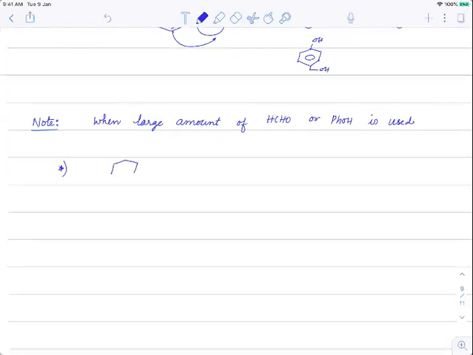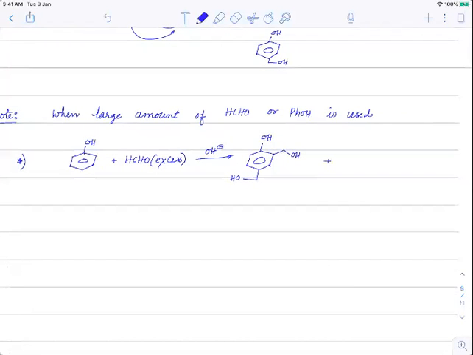Let us check. So if I take phenol and react that with HCHO, this time I'm taking HCHO in excess, and I'm sticking to basic catalysis. So on basic catalysis, the same thing will happen with acidic catalysis also. It's no different. So we'll have one OH here and one OH here. So ऑर्थो पारा दोनों पे एक साथ में लग जाएगा, या ऐसा हो सकता है कि दोनों ही ऑर्थो पे लग जाए.